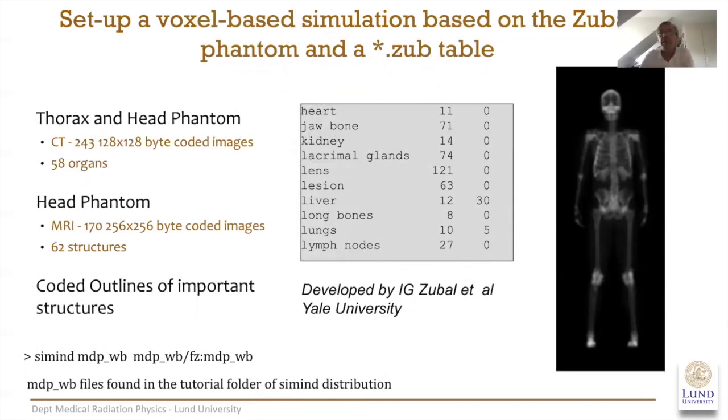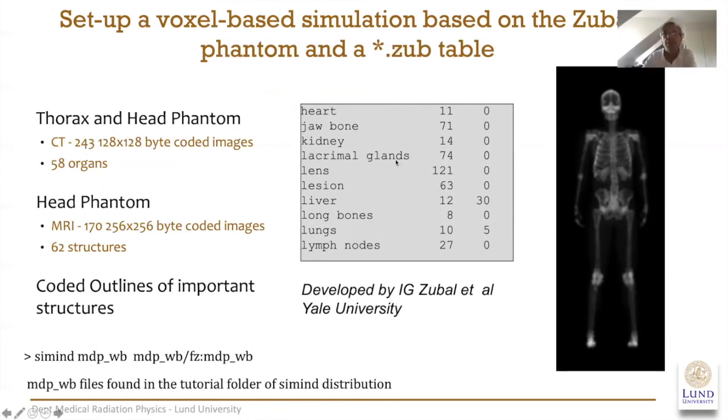So the Zubal phantom is actually a code-defined phantom that has been developed from a CT study where 58 organs have been segmented and given a unique code.